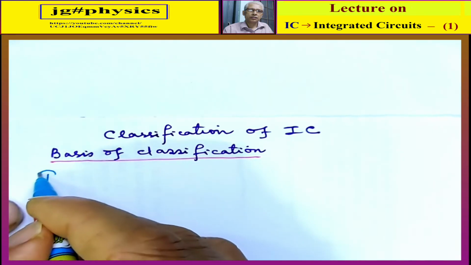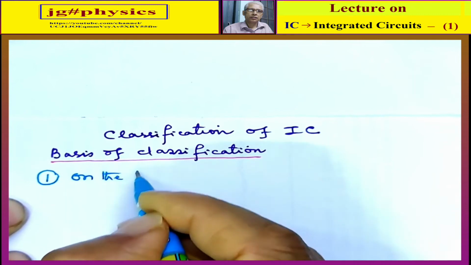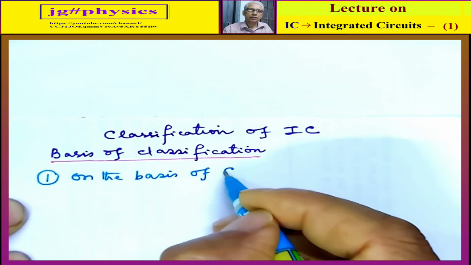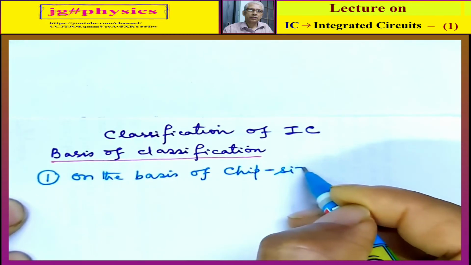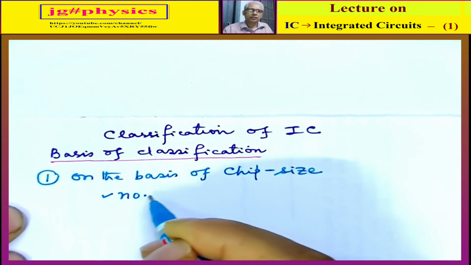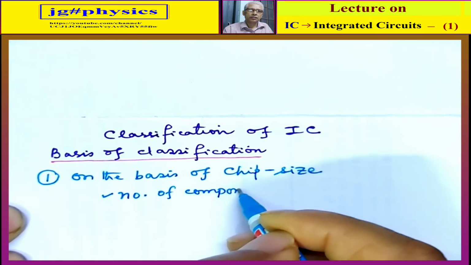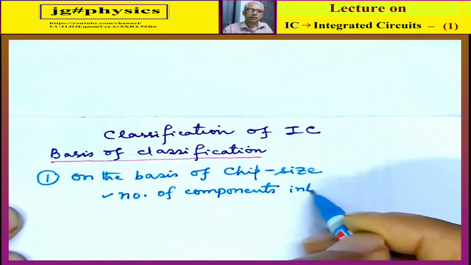One way to classify ICs is on the basis of chip size. That is on the basis of number of components integrated into the chip.